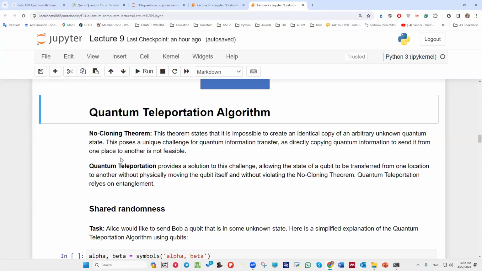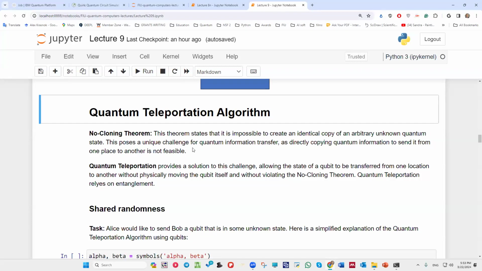In quantum, it doesn't work at all, because according to the principles of quantum physics, if you measure the quantum state of a qubit, you destroy the quantum state. So you cannot even detect the initial state of the quantum system.